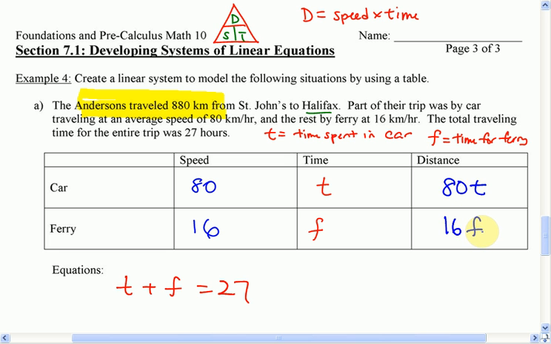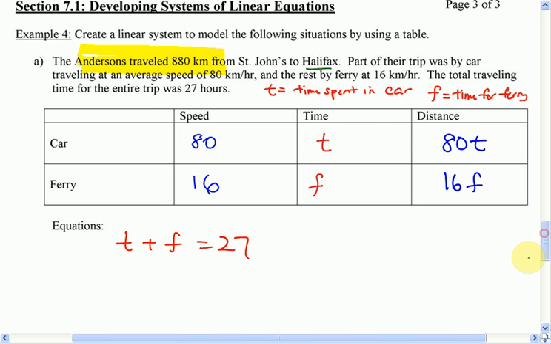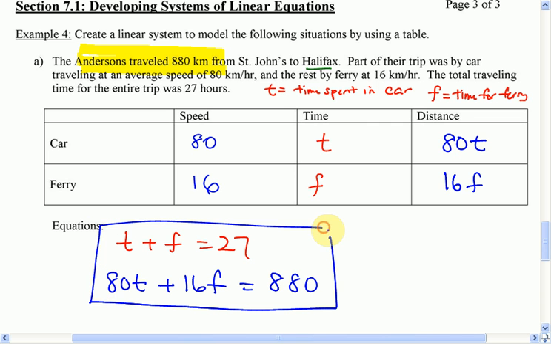And you just told me the Andersons traveled 880 kilometers in total. So what's my other equation? 80T, the distance of the car, plus 16F, the distance traveled by ferry, equals 880. Congratulations. Done. There's your system of equations.